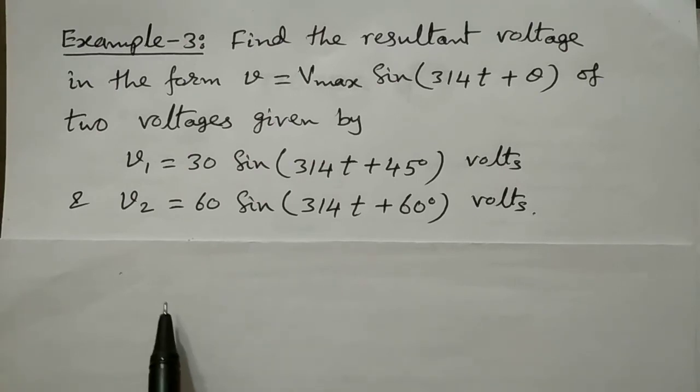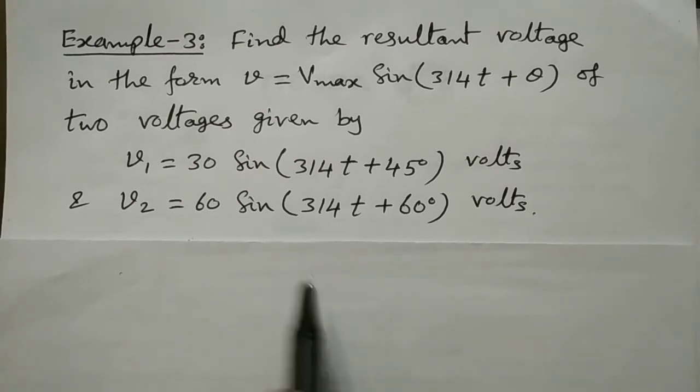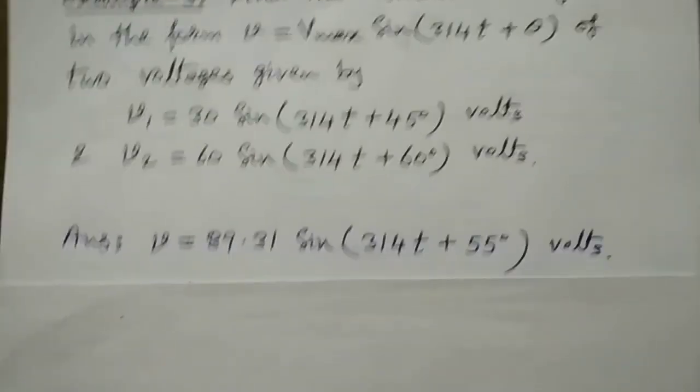Then we add all the x components separately and all the y components separately, and finally using the parallelogram formula we can find the magnitude of the resultant voltage, and also its phase angle. So try this question for your reference.